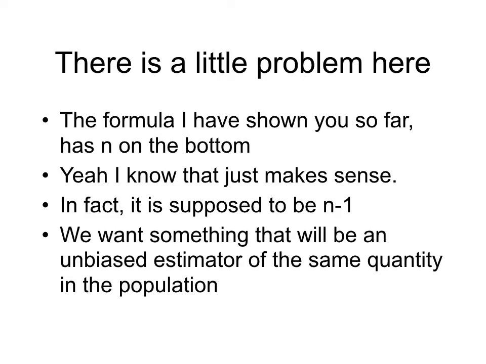We want something that's going to be an unbiased estimator of a parameter. That parameter in this case is called variance, or standard deviation, the same quantity in the population. If we use n, we get what's called a biased estimate. It's a little bit too small, but the cool thing is, we actually know by how much.